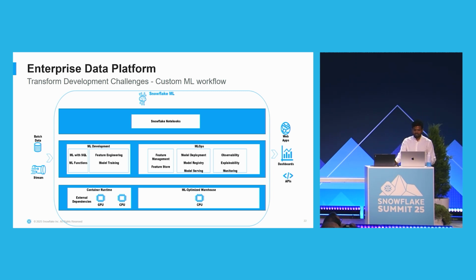This approach ensured data security, improved our performance, and simplified our governance a lot. And by integrating all ML workflows directly into Snowflake, we reduced reliance on external platforms like AWS and Google Cloud, and accelerated our path from experimentation to production.